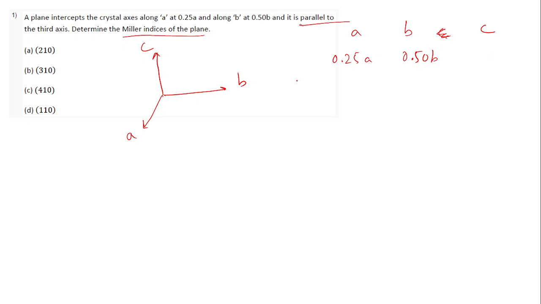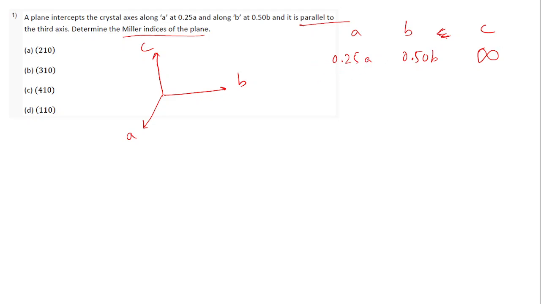Parallel means it will intersect at infinity. So to find the Miller index for the plane cutting A at 0.25, B at 0.5, and parallel to C, we have done this before.